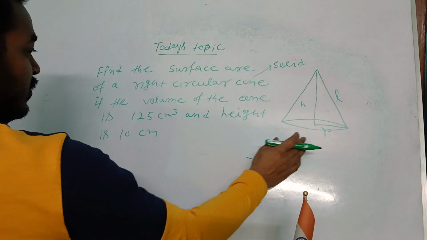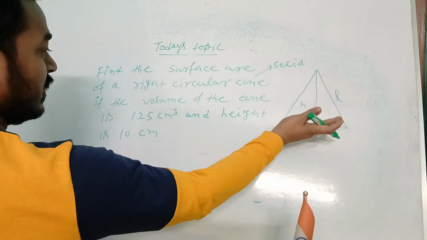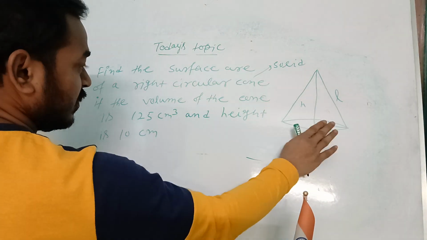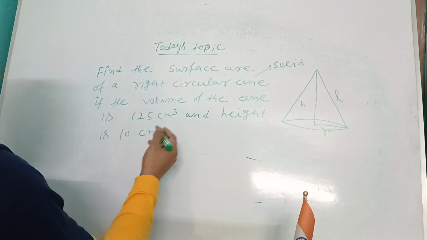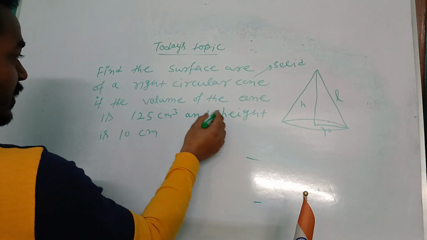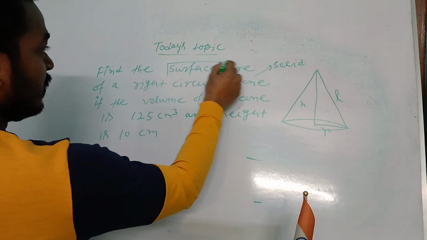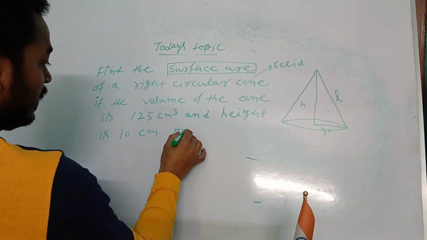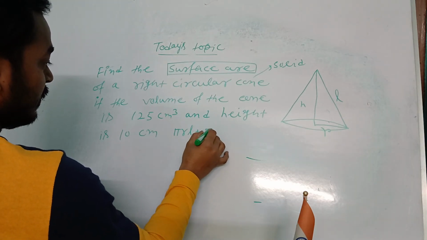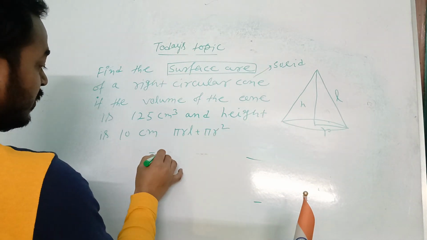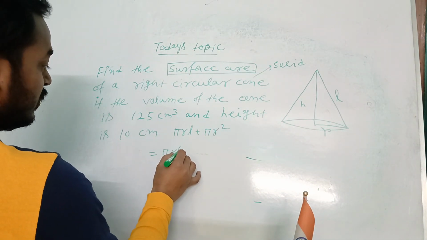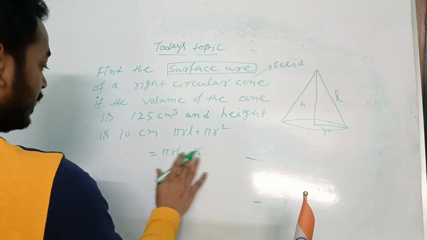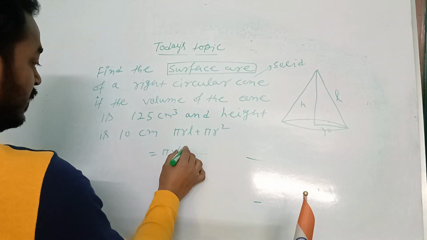If it is solid, then it has two surfaces: one is curved, another one is plane. So the surface area is pi r l plus pi r square, which is pi r into l plus r.